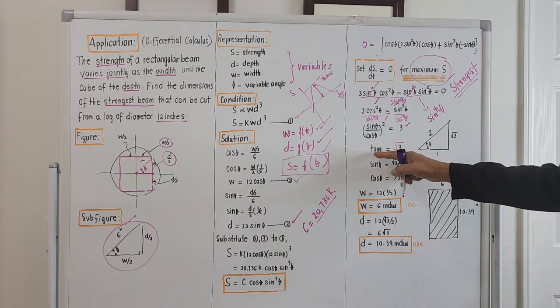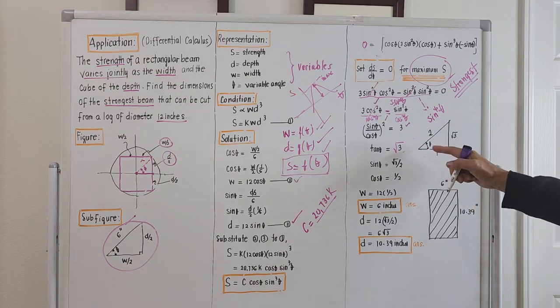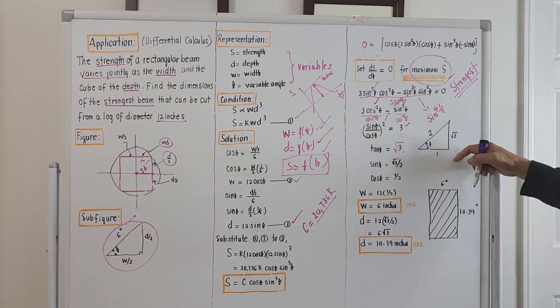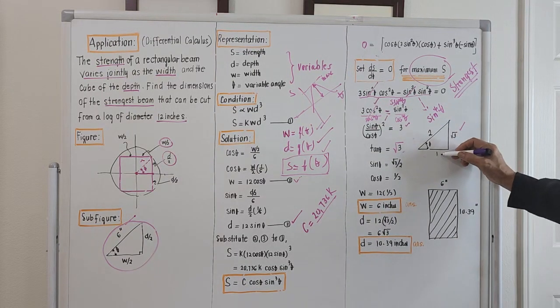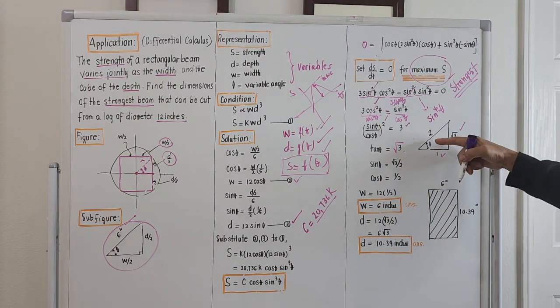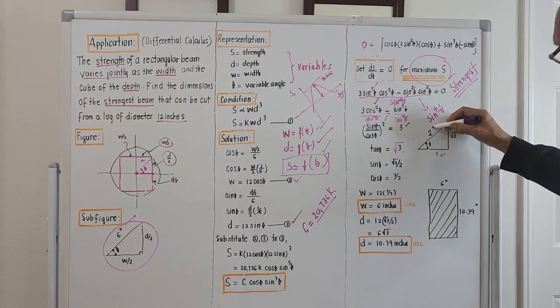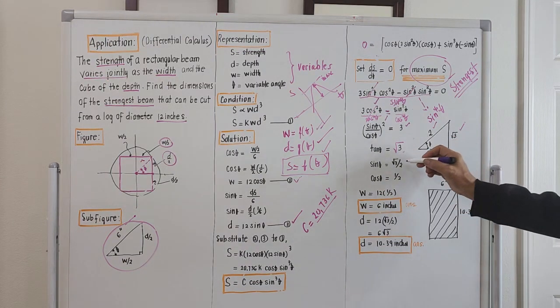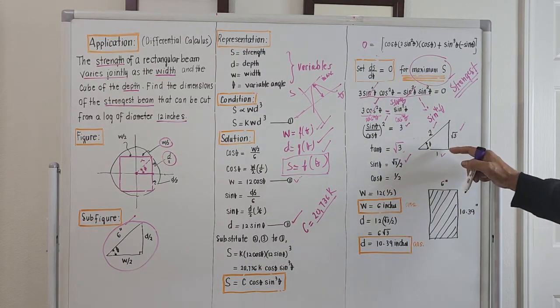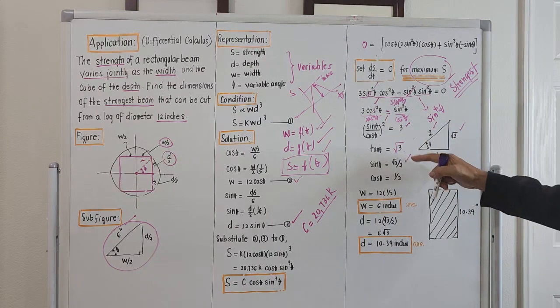From this we could bring out a right triangle in which the value of tangent of theta is opposite over adjacent. Now this is square root of 3, this is 1. So the hypotenuse will be the square of this plus the square of this, then take the square root, it will be 2. Here, we can compute the value of sine of theta: opposite over hypotenuse, square root of 3 over 2.